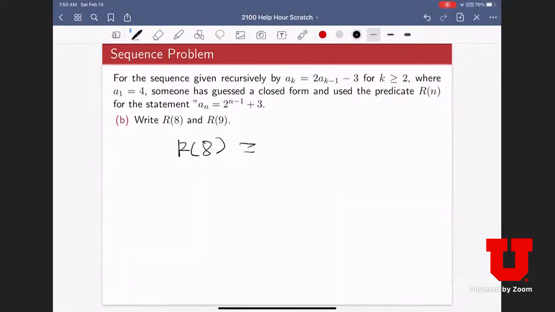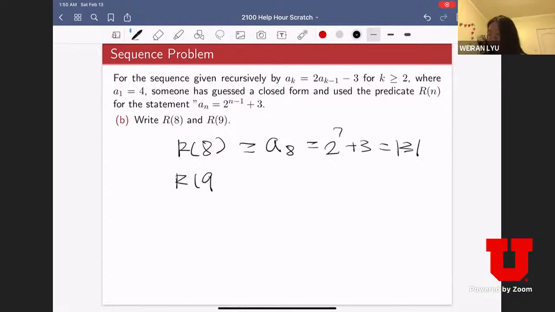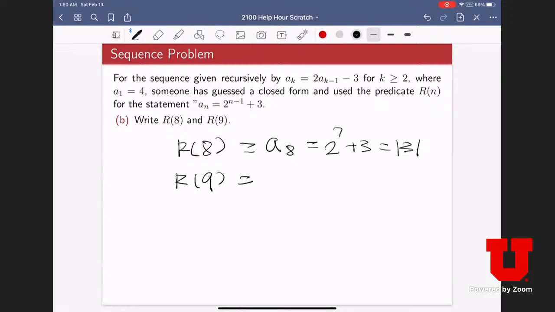What is R8? 131 is what I got. And what about R9? 259. Okay, 259.